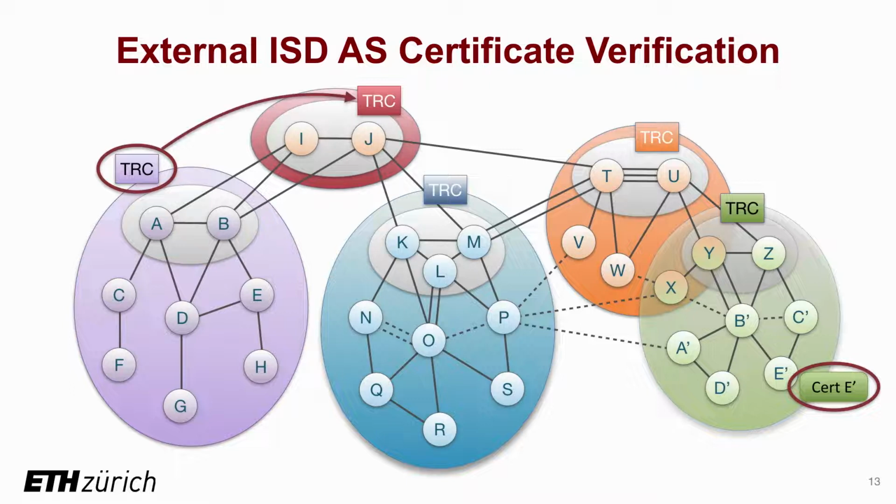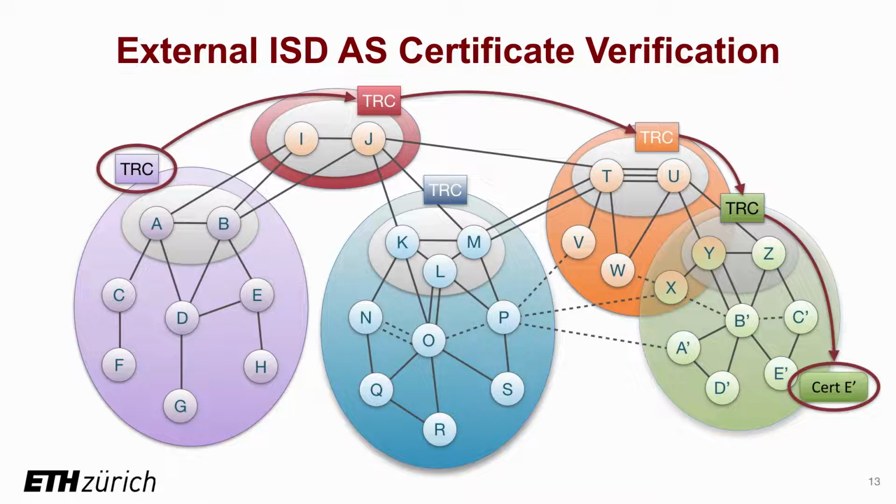To perform this verification, we essentially follow a core path from the purple ISD to the green ISD. So we can go and first verify the red TRC, then the orange TRC, and finally the green TRC. Once we trust the green TRC, we can now verify the certificate of E prime as it is signed by one of the core ASs or one of the roots of trust within the green TRC.